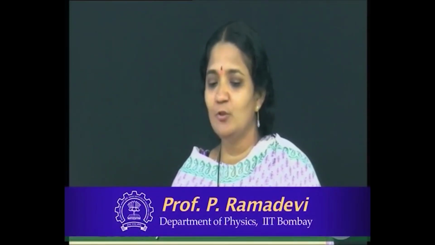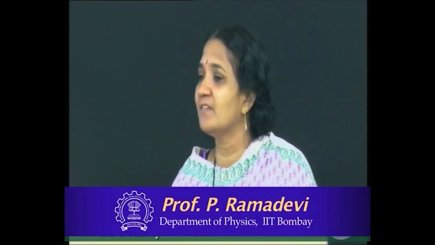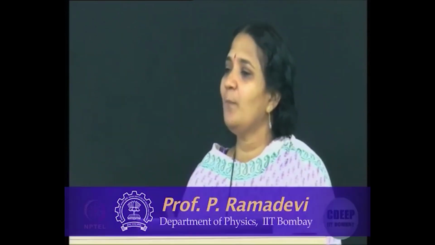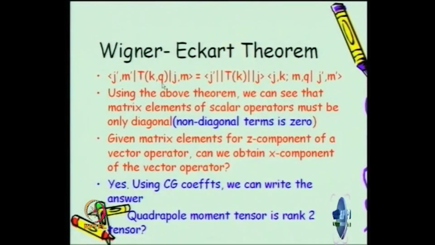for a rank 2 tensor, you have 5 components. If he gives you the answer for one of the components, let's take rank 2, Q equal to 2, you can actually determine all the remaining 4 using this Wigner-Eckart theorem, because this constant gets fixed from that experimental data and it is independent of the components of the tensor or the magnetic quantum numbers of the state.